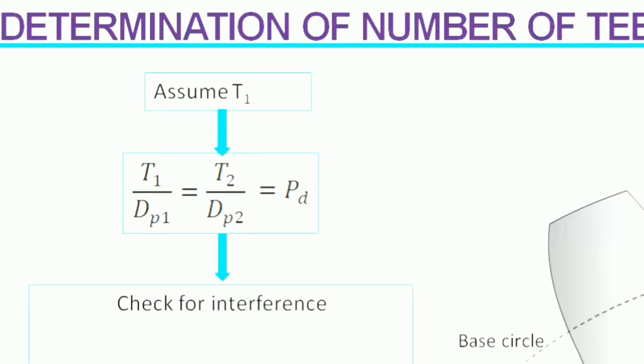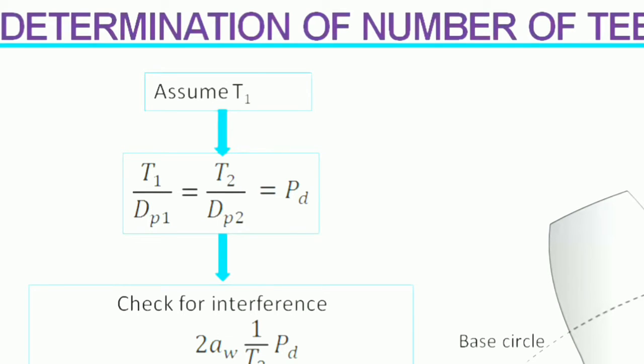But you can avoid this interference if the following condition is satisfied. If the number of teeth on the smaller gear is greater than this value, then there won't be any interference. So first check for this. If this condition is true, everything is perfect, and you have the number of teeth on both the gears.